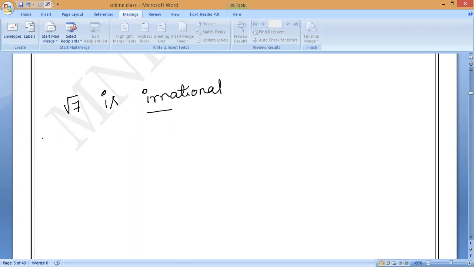First, what is our assumption? You speak now, everybody, you have to communicate. Root 7 is rational, ma'am. Let us assume root 7 is rational.